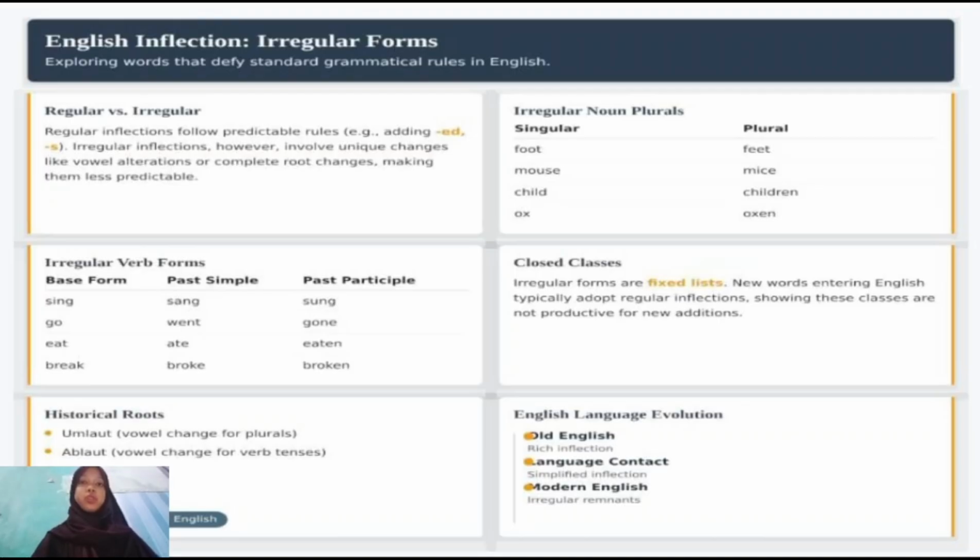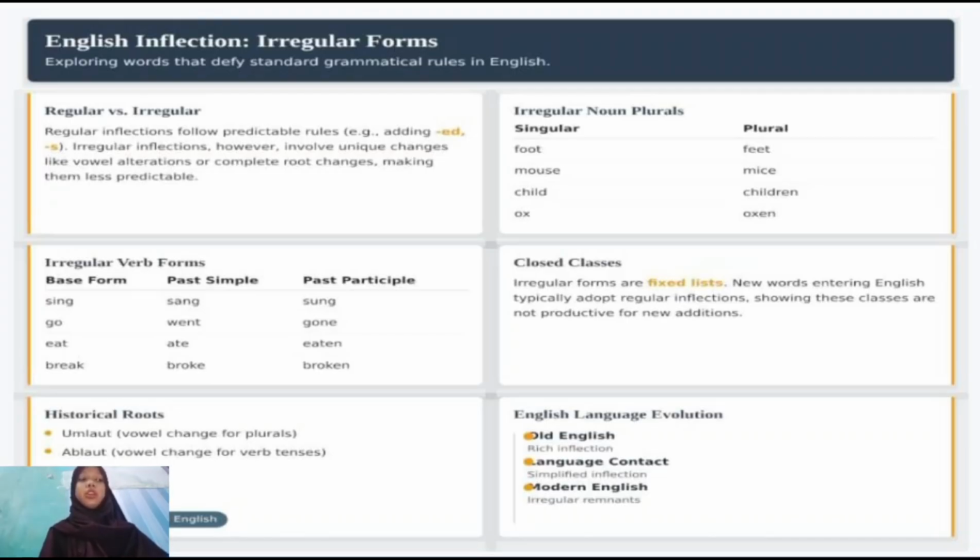Irregular verb forms: sing, sang, sung; go, went, gone; eat, ate, eaten; break, broke, broken. And then the irregular nouns, singular to plural: foot becomes feet, mouse becomes mice, child becomes children, and ox becomes oxen.